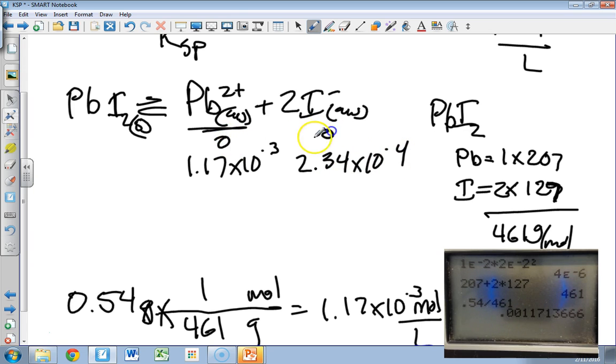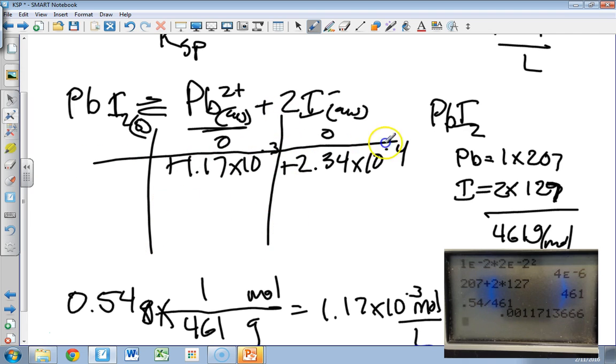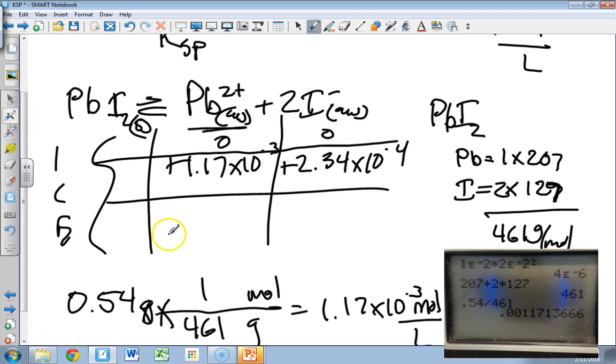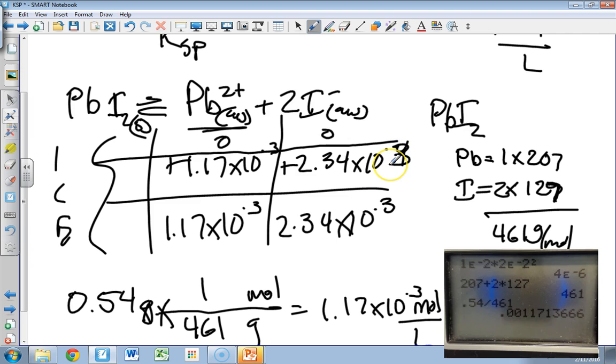Okay, 0, 0, plus, plus. All right, we're doing our IC chart. I'm progressively getting worse at writing my IC charts. Remember, the solid doesn't matter, so this is 1.17 times 10 to the minus 3, and this is 2.34 times 10 to the minus 3.